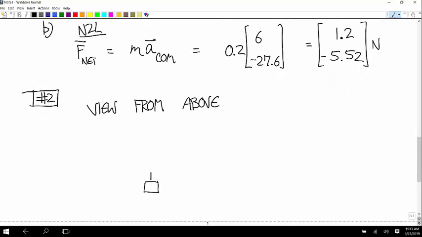You have an object connected to a cable, and it's swinging around in a circular motion across ice, so we're assuming that there's no friction. The fact that this is a view from above means that the weight force is going to be pointing into the page. The normal force is going to be pointing out of the page, and so those aren't going to show up in our coordinate system.